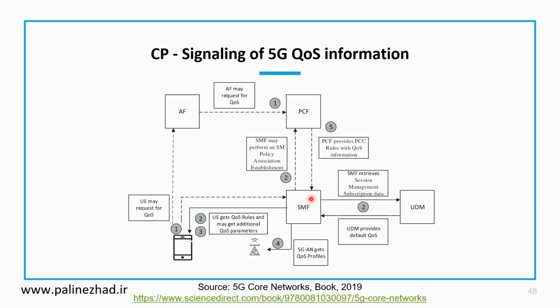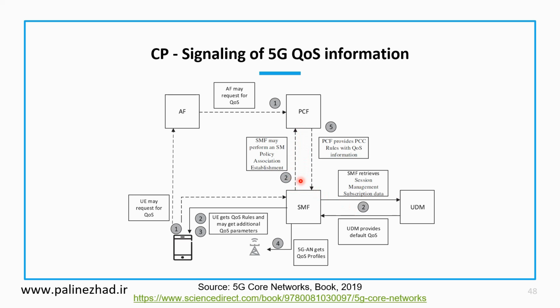When a PDU session is established, this SMF receives session management subscription data from UDM. This includes the default QoS values, and this SMF may also change these based on local configuration or interaction with PCF.